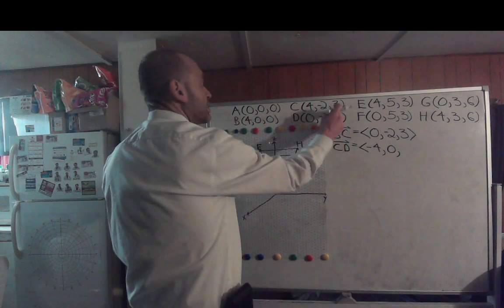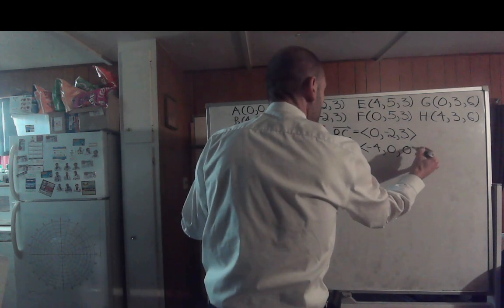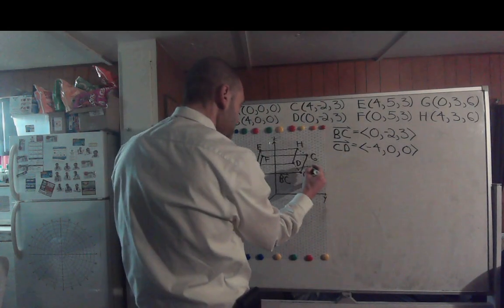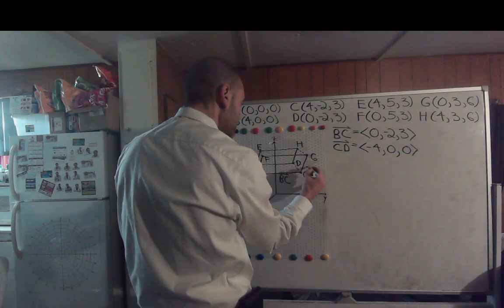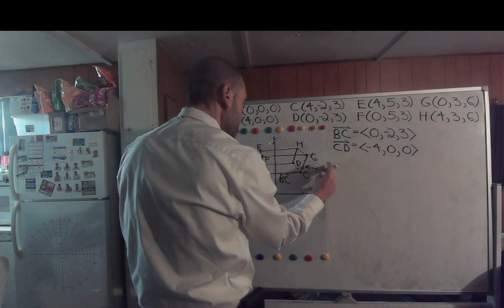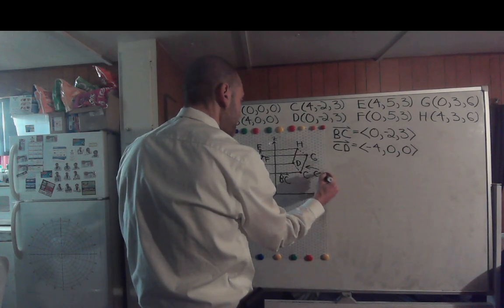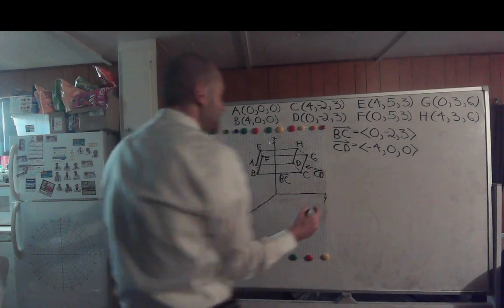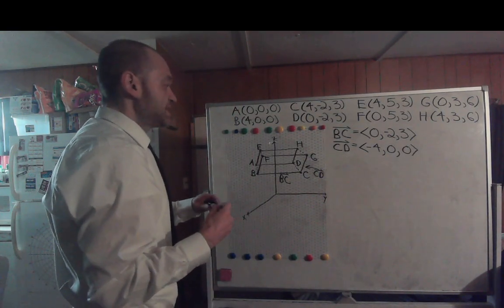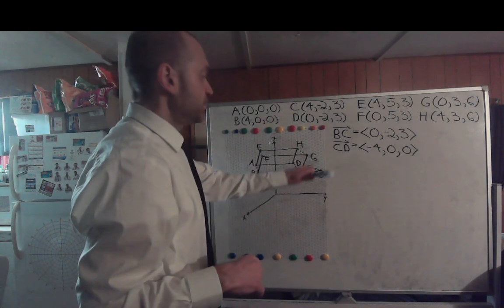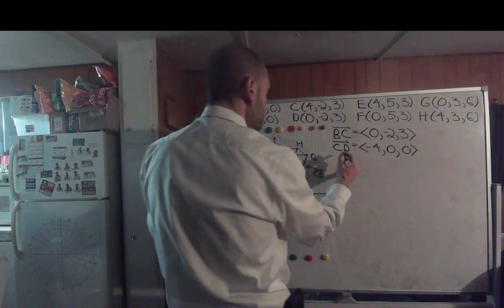And then take 3 minus 3, which is 0. So let's call that vector CD right here. And then we can take the height, which we'll call vector CG. Why don't we do vector CG?